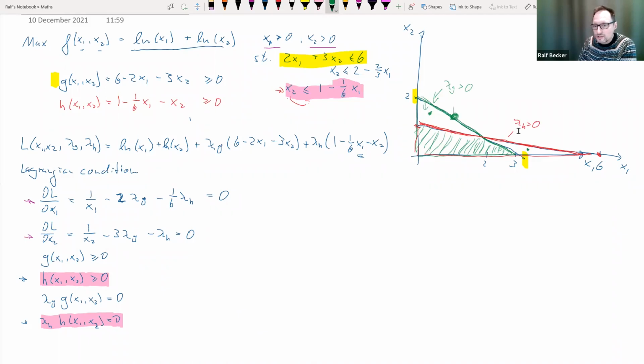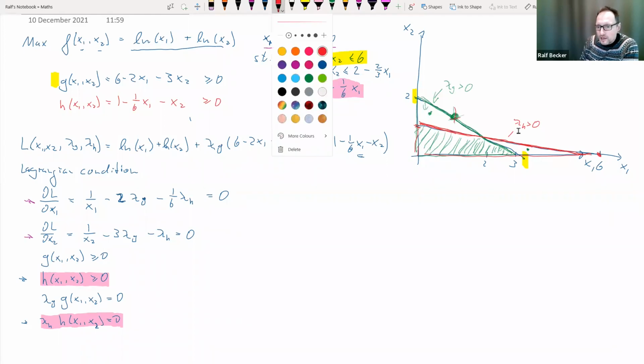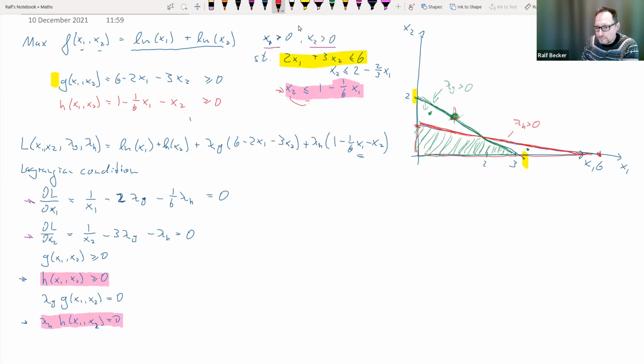In this case, it would not meet the red constraint. And then we will look on the red line and we will find a potential solution on the red line by setting lambda H larger than 0.